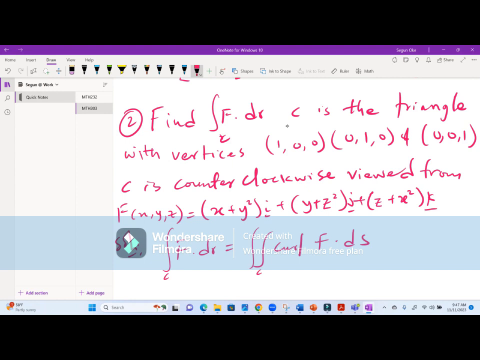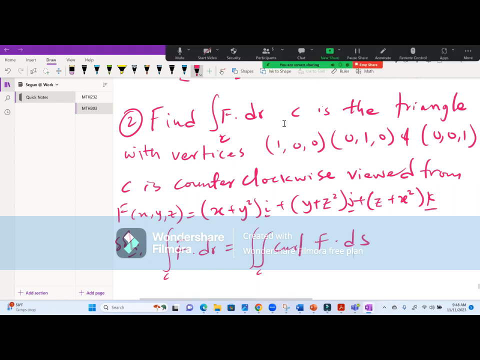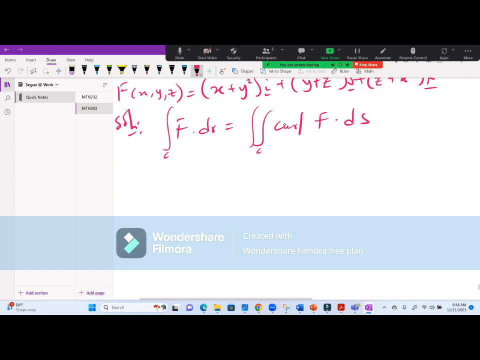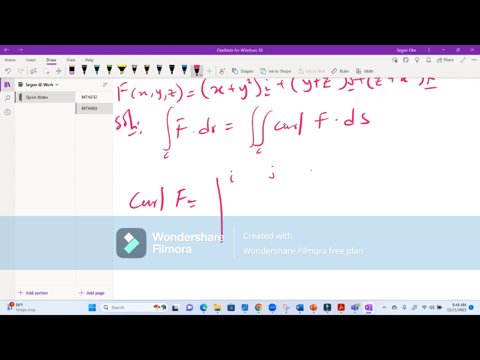So how do we solve curl F? I've explained it to Ross several times. We've done it together, and I believe you'll be able to solve it. So how do we solve this? It's the same thing as for F equals i, j, k, which is d dx, d dy, d dz.